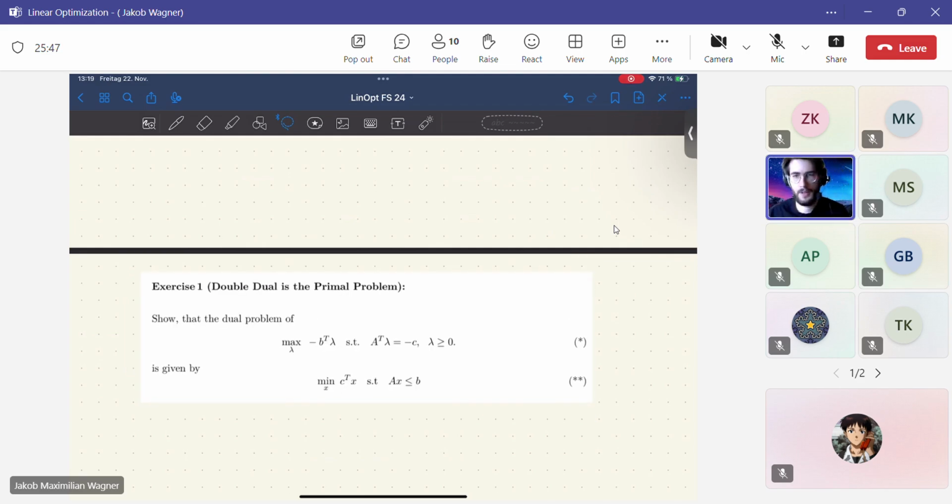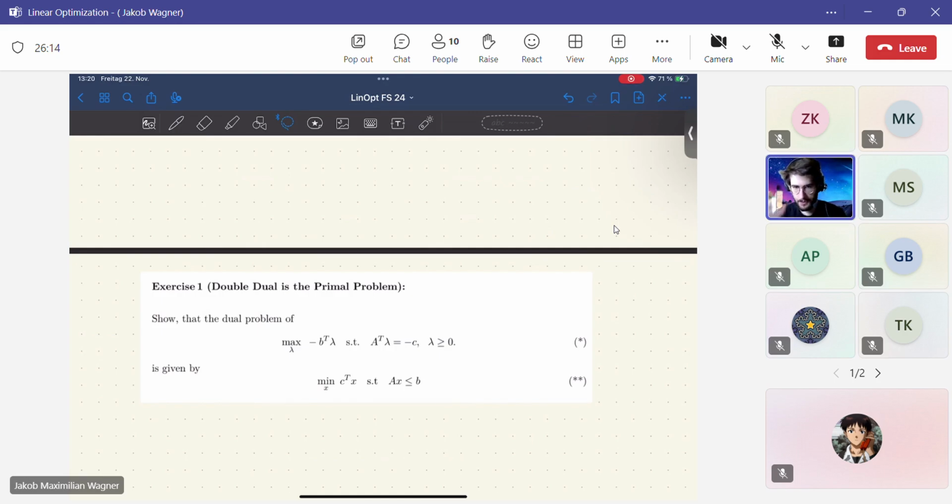So we have seen that if we take the primal problem, minimize c transpose x such that Ax less or equal than b, then we can construct the dual problem. We have also written in a general way how we can do this. Our first exercise today is to check that we can do this in two ways.